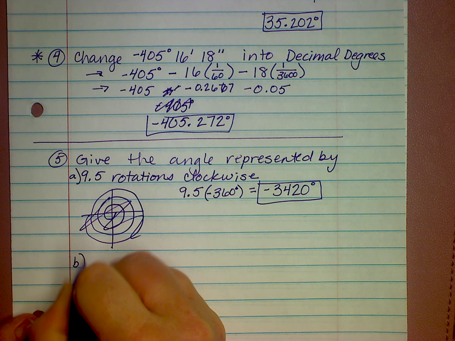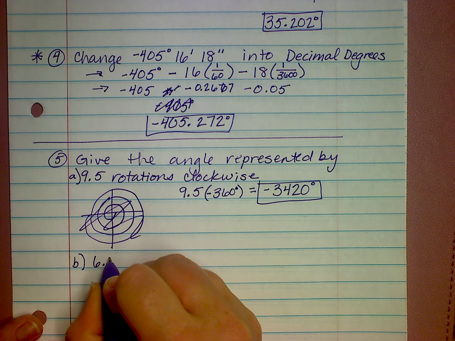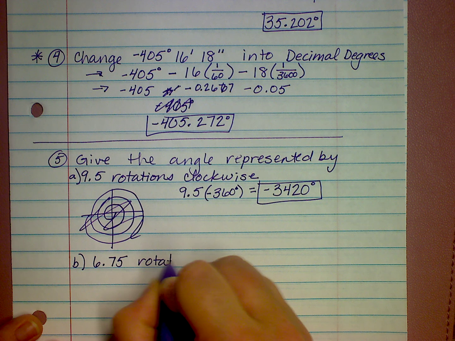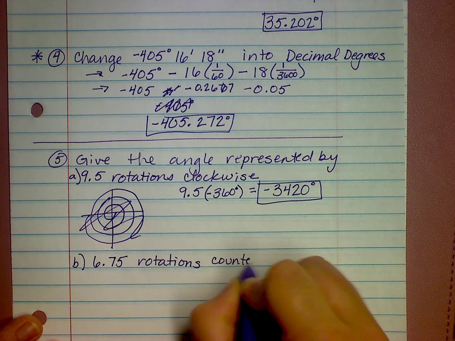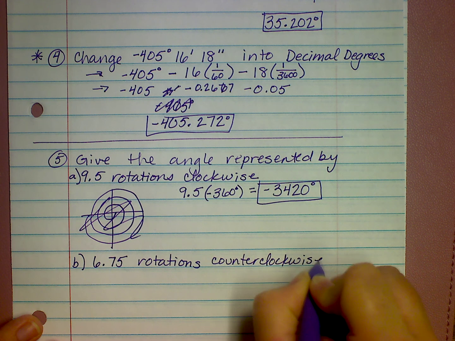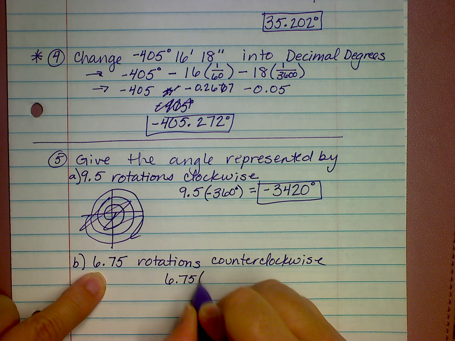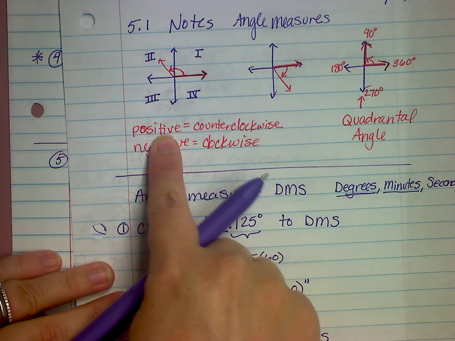What if I said, what is the angle represented by 6.75 rotations counterclockwise? Well, I would take the 6.75, and this time if we're going counterclockwise, we're going positive.